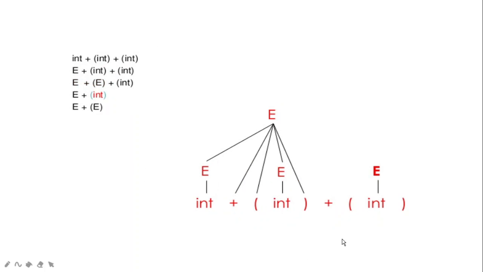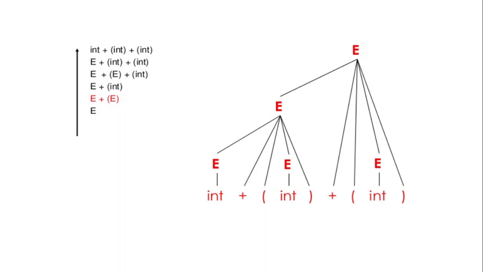We are moving from bottom to top. Again E plus int, E is added with int, and then at last E is the production rule. E is the given string, and the production rule is E, and there is the int. Then we start from the bottom and we move towards up.